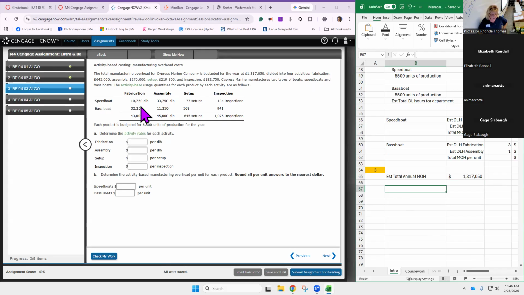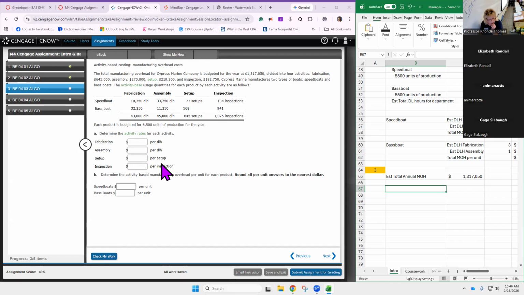And look at the activity that's going on. So for fabrication, they use direct labor hours, right? For assembly, they use direct labor hours, but for setups, they don't use hours, they use the number of setups. Just like inspections. For inspections, they use the number of inspections.